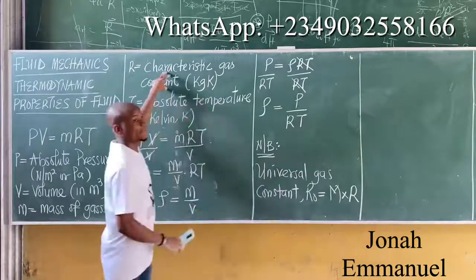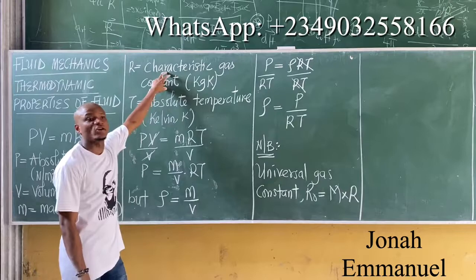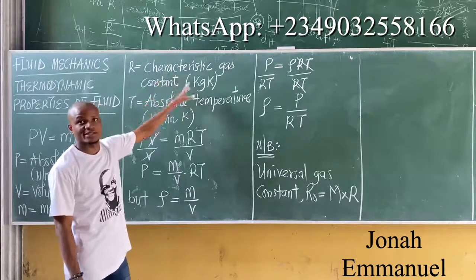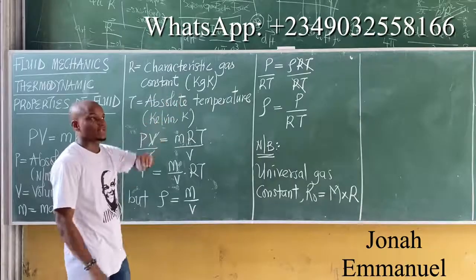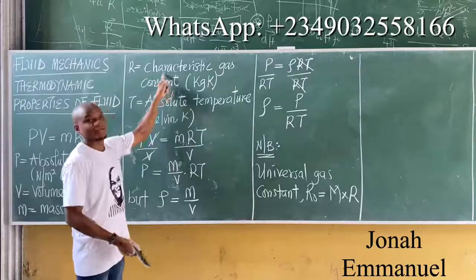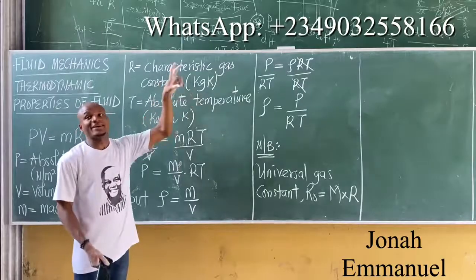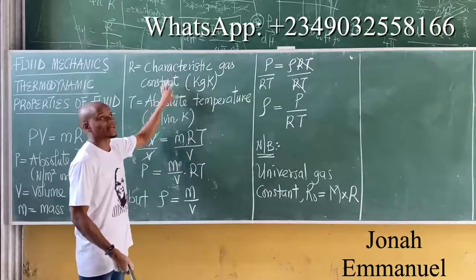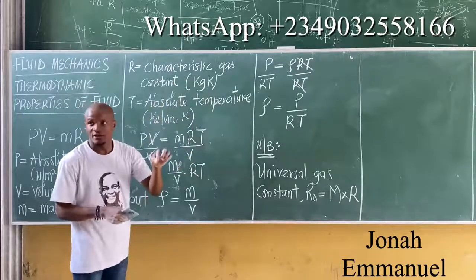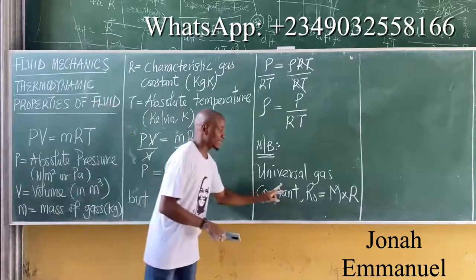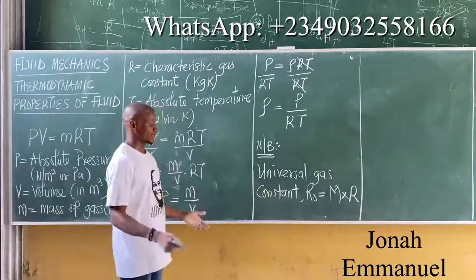R differs depending on the kind of gas given. Once you have the problems, you will get it, but just note these things first. If the gas is carbon dioxide, it will have a different R value. If the gas is hydrogen, it will have a different value. So the characteristic gas constant is specific to the kind of gas given, but the universal gas constant is a general constant.